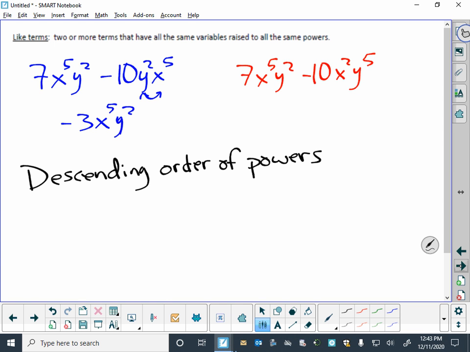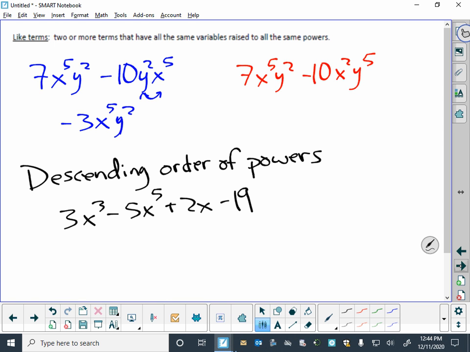So if you're looking at something that says 3x cubed minus 5x to the 5th plus 2x minus 19, the preferred way to write this is the biggest degree first.